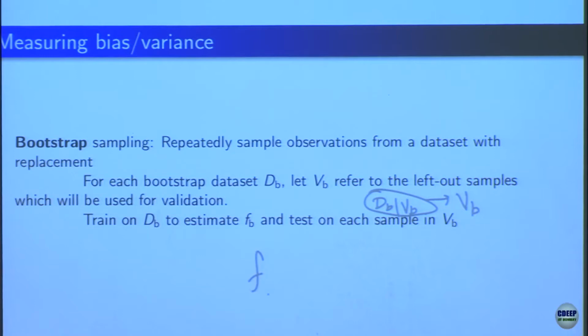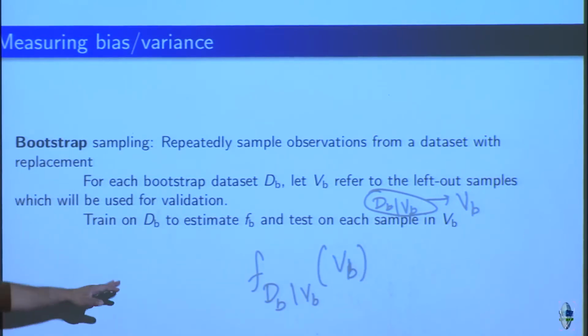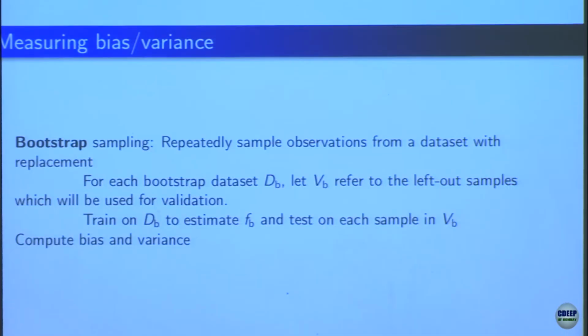You fit your model on dB minus VB and evaluate it on VB. This is the real sutra. Take out a sample VB, train on dB minus VB, and you keep doing this, where B is just an index, okay? And then you compute the bias and variance. This is how you would measure bias and variance using bootstrap sampling. You compute the bias and variance with respect to the fits that you get on the dB which has VB removed.